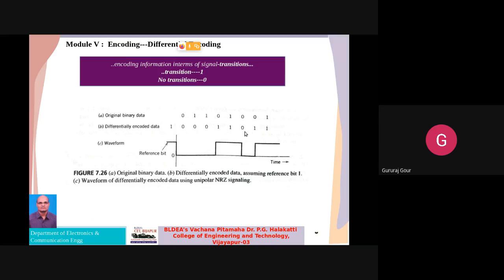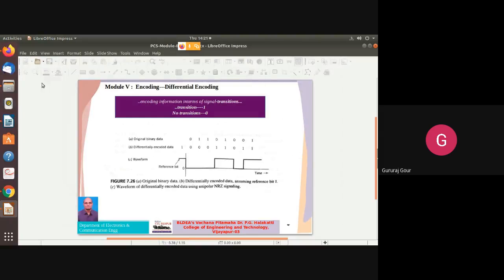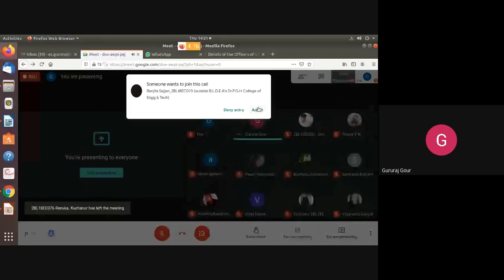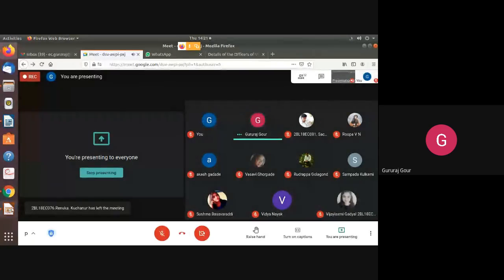In the same manner we get the result, and we are using non-return-to-zero signaling to represent this differentially encoded data in the form of a waveform. These things we do initially in the encoding process.